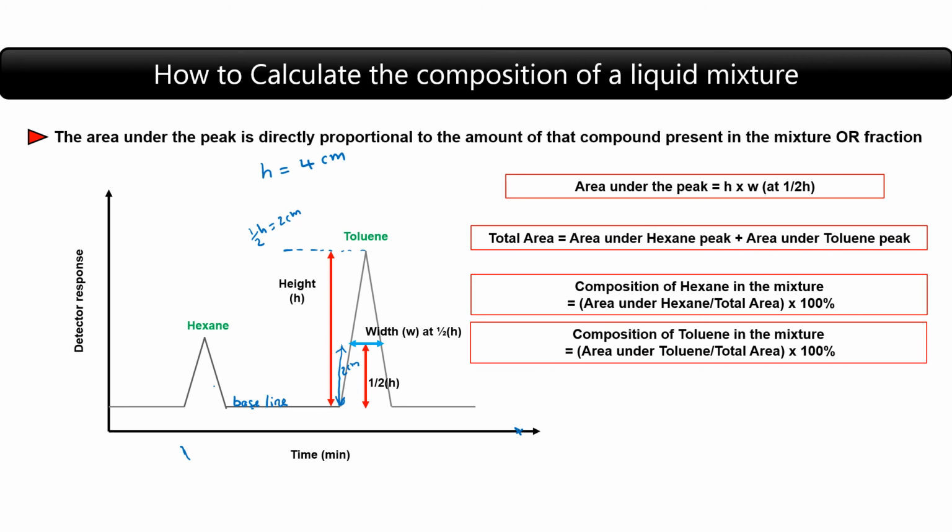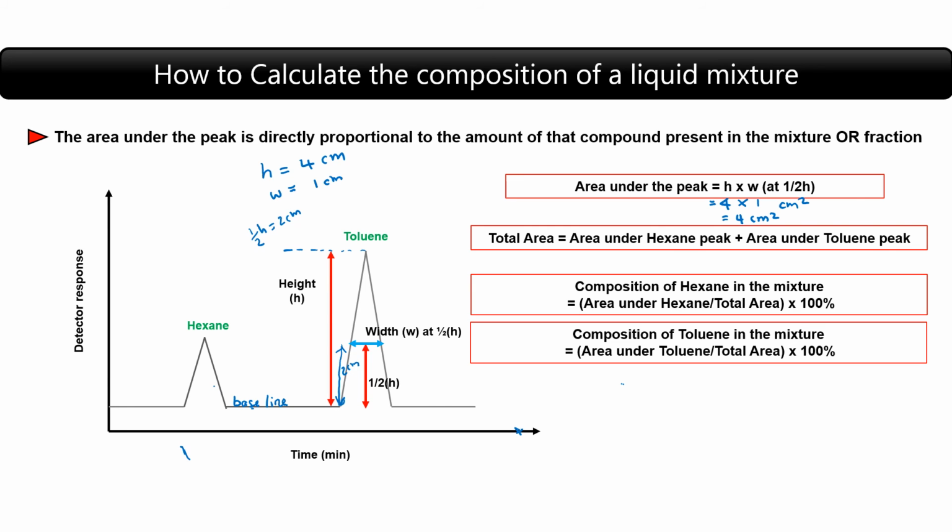Let's say, for example, the width was 1 centimeter. The area under the peak would be height times the width that we measured at the half height position. So it's 4 times 1, 4 square centimeters. So that's the area under this peak.